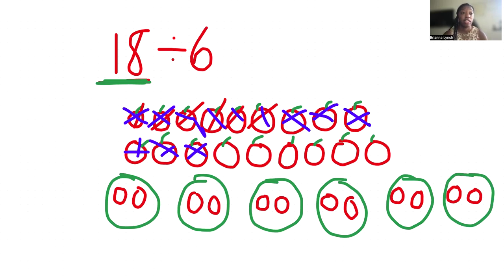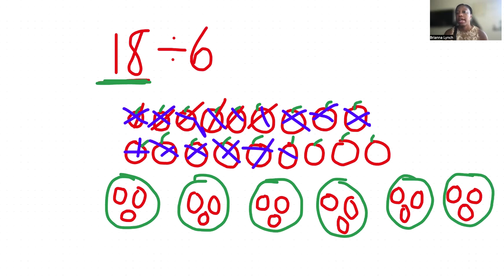So we have to add them into the baskets. 1, 2, 3, 4, 5, 6. Okie dokie. Now I've gotten rid of all 18 of my apples. I have divided them into equal parts.